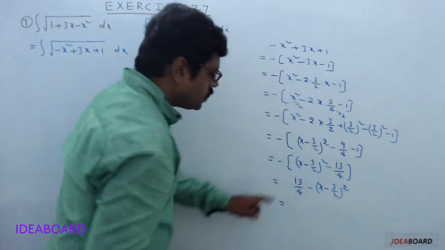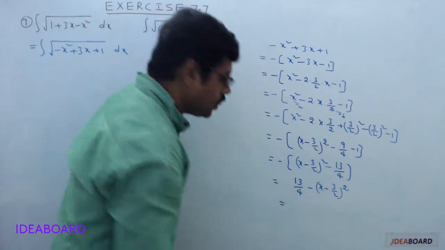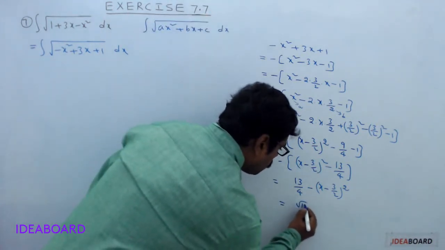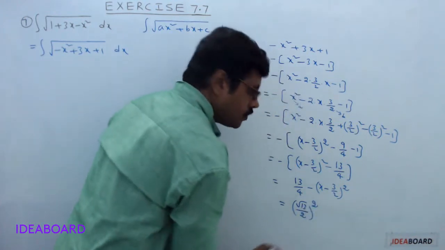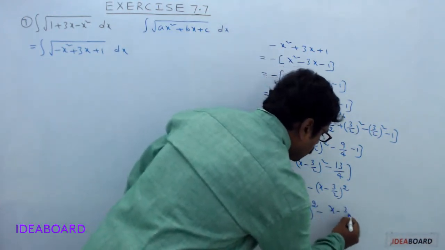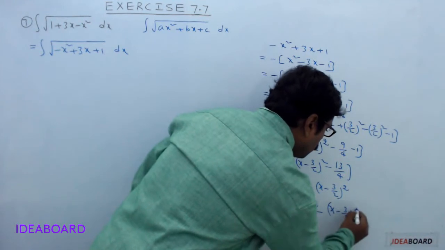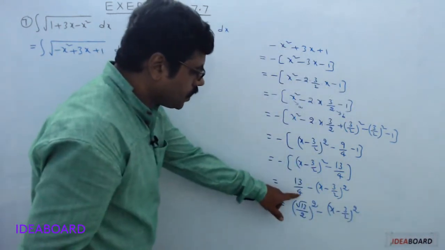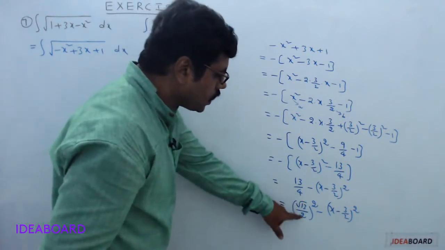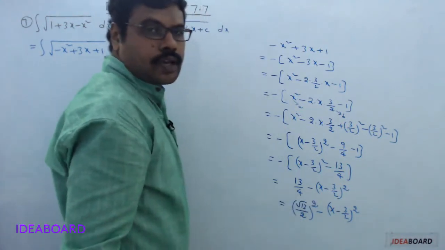Now again this 13 divided by 4 can be taken as root 13 divided by 2 whole square minus x minus 3 by 2 whole square.